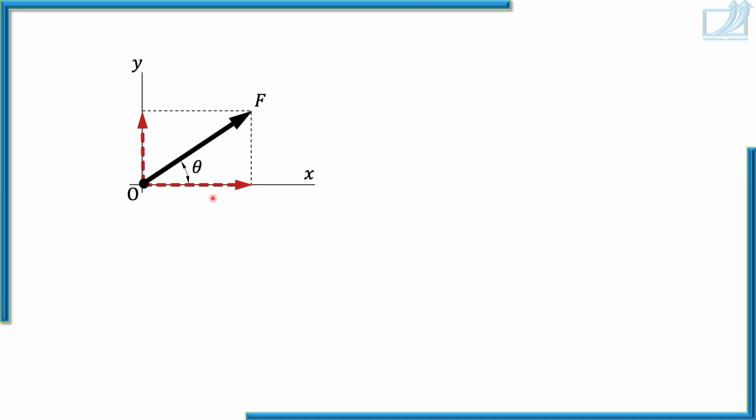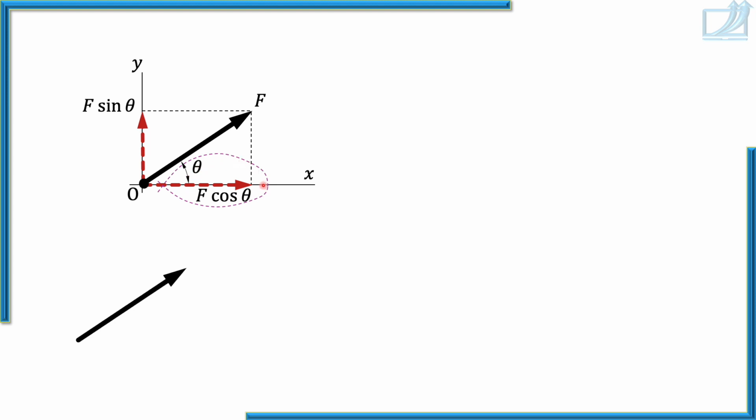It is F cos theta. And the other component is F sin theta. Opposite to angle theta is the sine component, F sin theta. Remember, adjacent to the angle is the cos component.